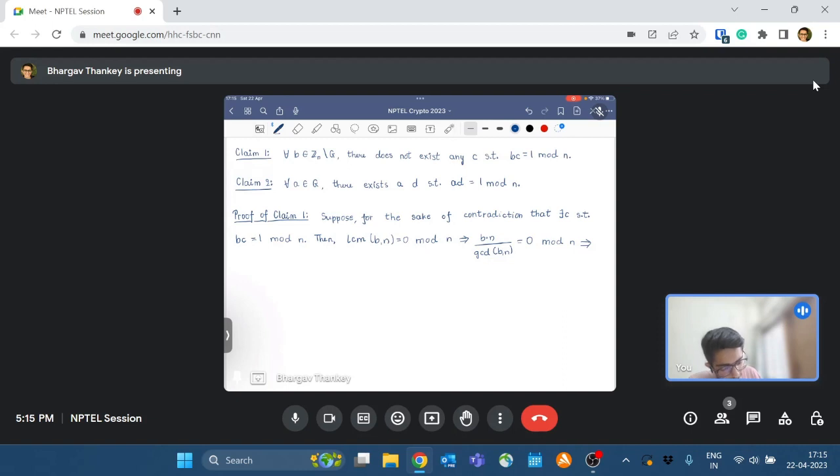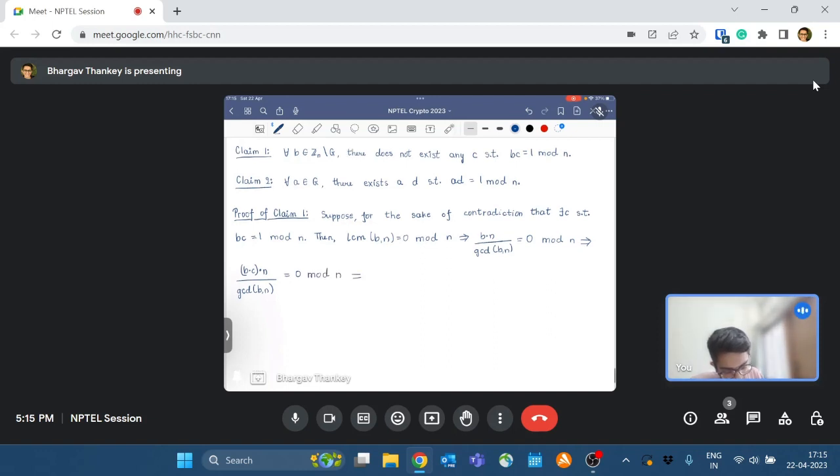So what I can do is multiply c on both sides. So I get b times c. But b times c equals 1 mod n.